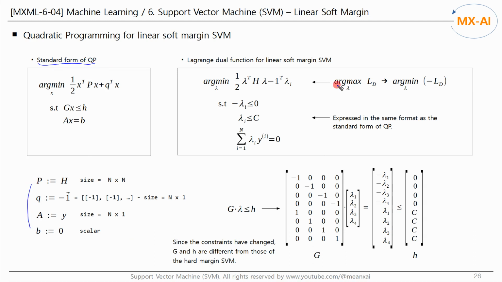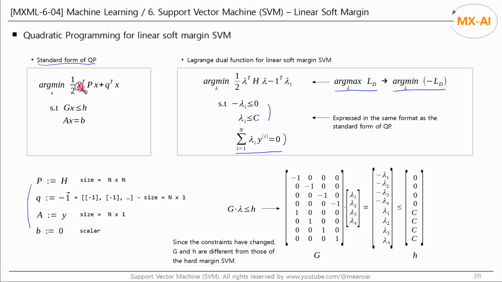The problem of maximizing the dual function is equivalent to minimizing the negative dual function. And we also need this constraint obtained from the primal function. This is then an optimization problem with 2 inequality constraints and 1 equality constraint.